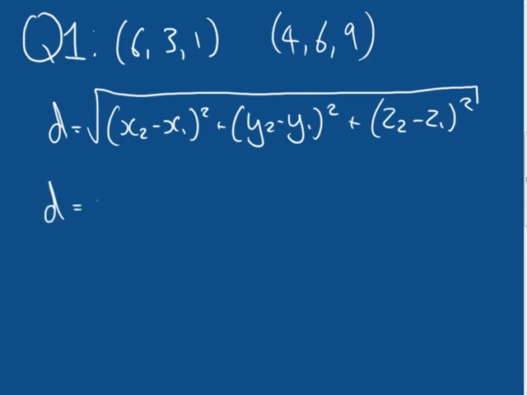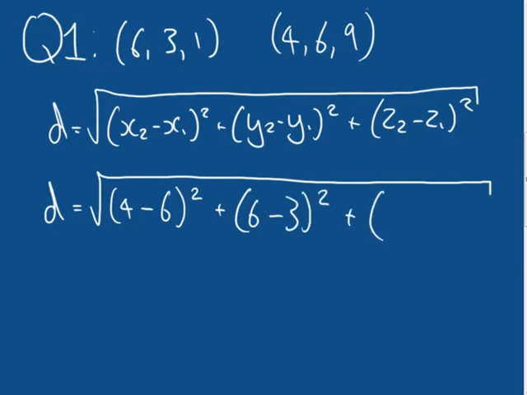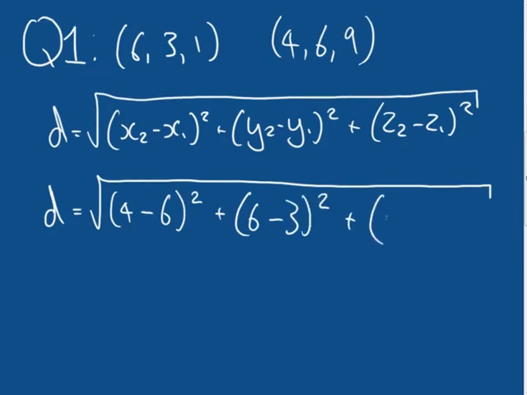So the distance is equal to the square root of (x2 is 4, minus x1 is 6) squared, plus (y2 is 6, minus y1 is 3) squared, plus (z2 is 9, minus z1 is 1) squared.